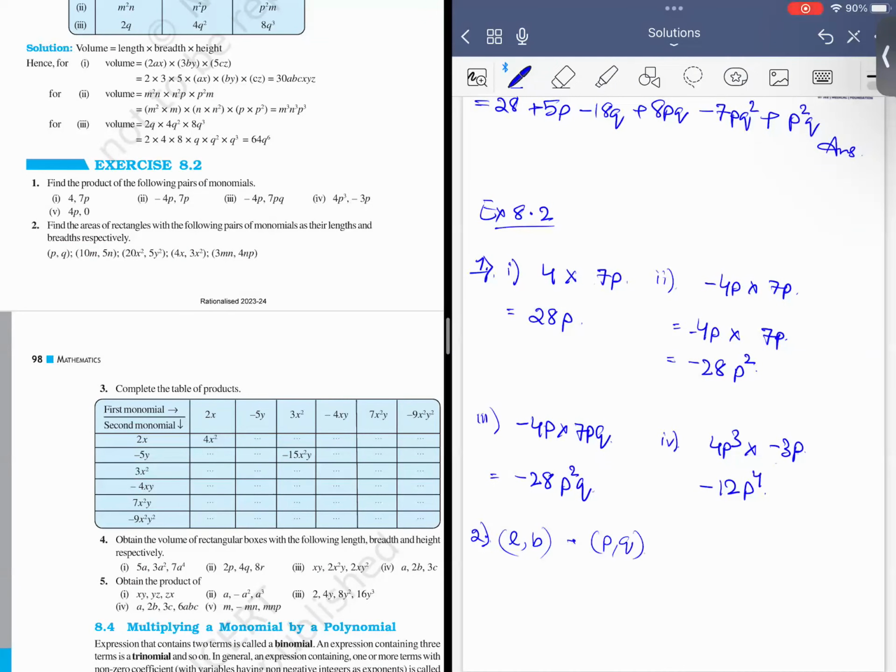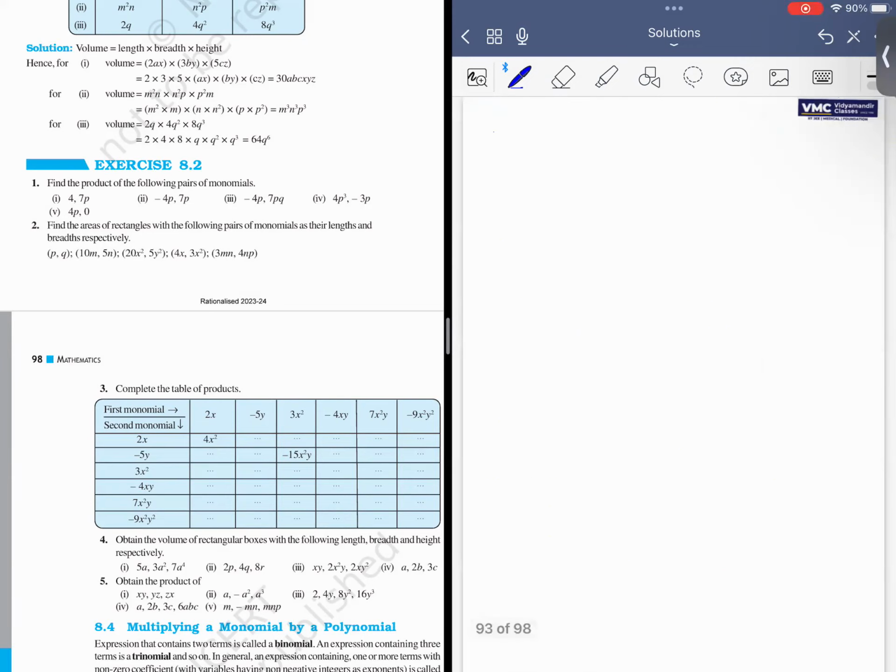So draw the rectangle. This we know as length, and the shorter side is called the breadth, which is q. And what is the area we know? Area of a rectangle is length into breadth, that is p into q, that is pq. And the unit is square units, obviously, it's area.